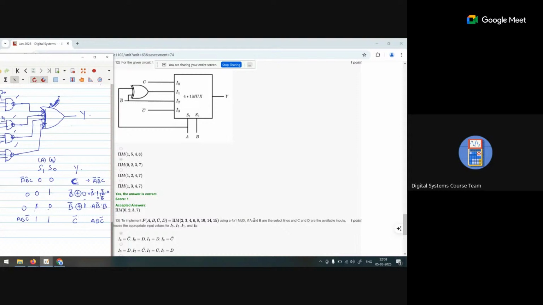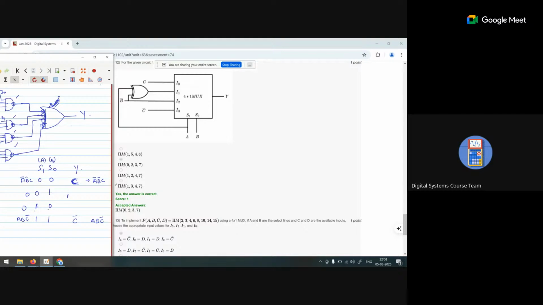And when I should write A in this form, Y is A XOR B bar. Oh, sorry. I2 is directly B bar. I2 is directly B bar.